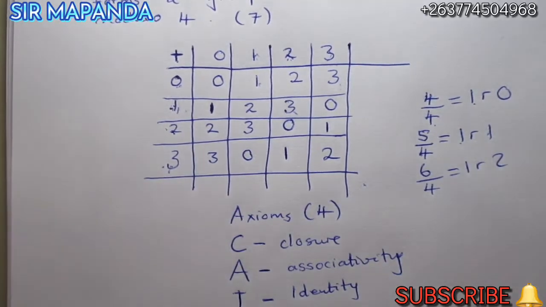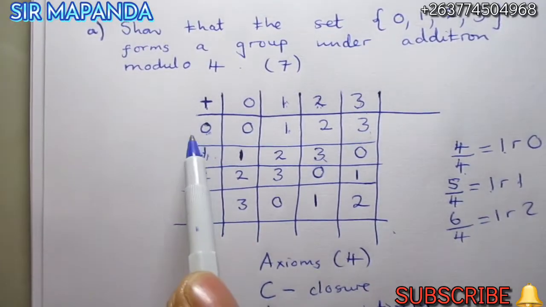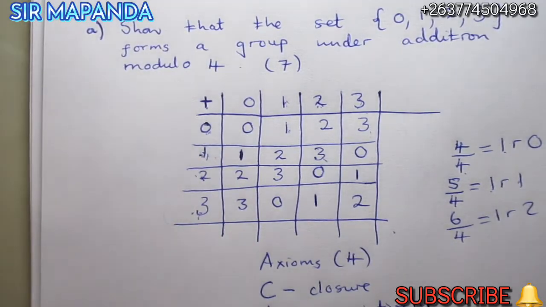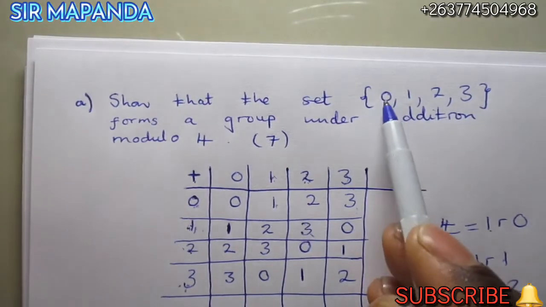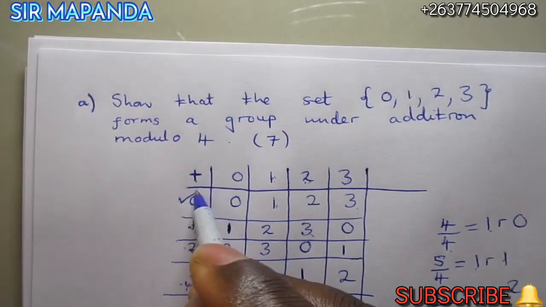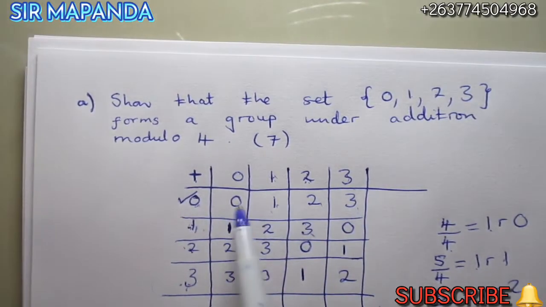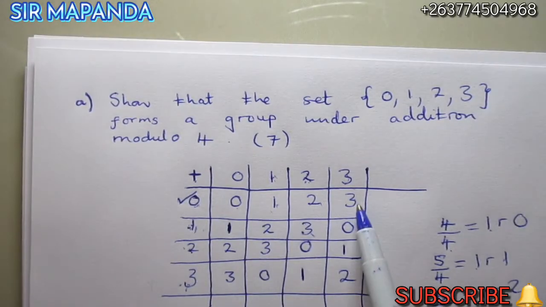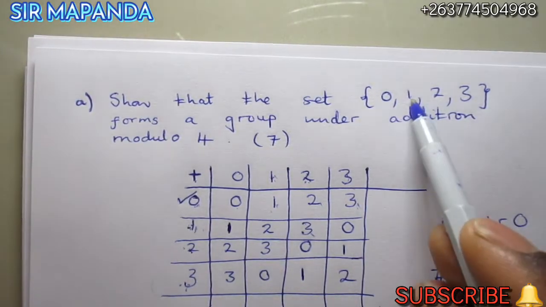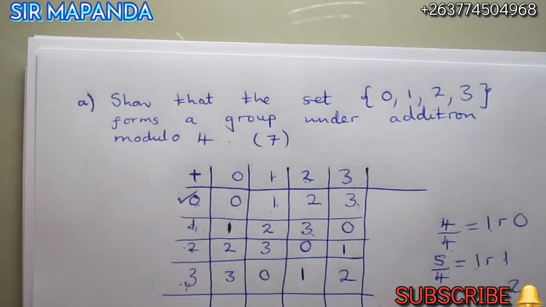It is a number here on the column which gives the terms as they are, in their order in the original set. Remember, the original set is 0, 1, 2, and 3. You can clearly notice that this 0 is producing 0, 1, 2, and 3, which are identical in terms of order from the given set. So we can clearly notice that this 0 is an identity element.